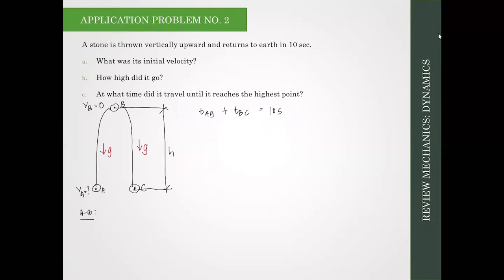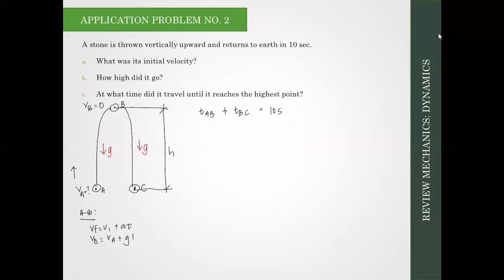Okay? So, kay A to B na scenario, velocity natin is upward, no? And then, may change in velocity. So, ibig sabihin, pwede natin gamitin yung constant acceleration formula. So, VF is equals to VI plus AT. Ang VF natin dito is VB, which will be 0 then eventually.